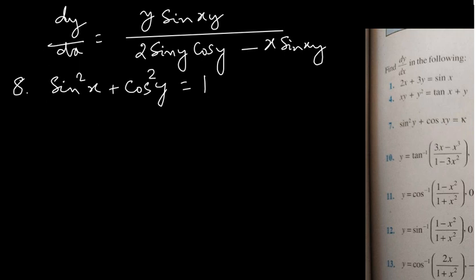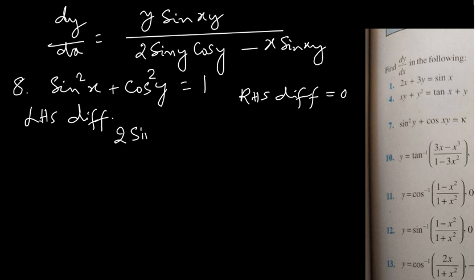We go ahead. Anyway, RHS differentiation is 0 because it's a constant. So LHS differentiation, 2 sin x and differentiating for sine, which is cos x plus 2 cos y.